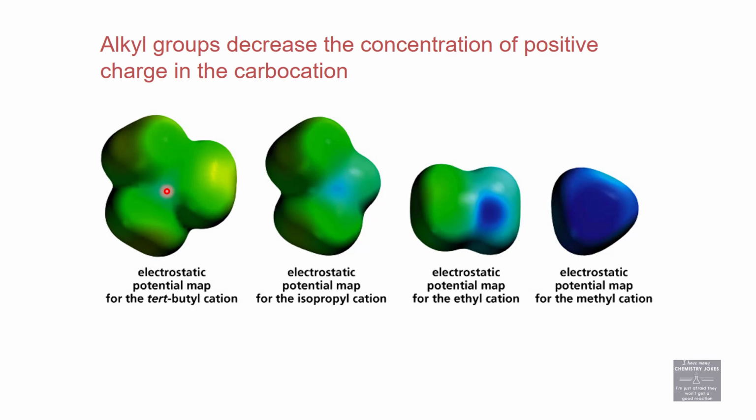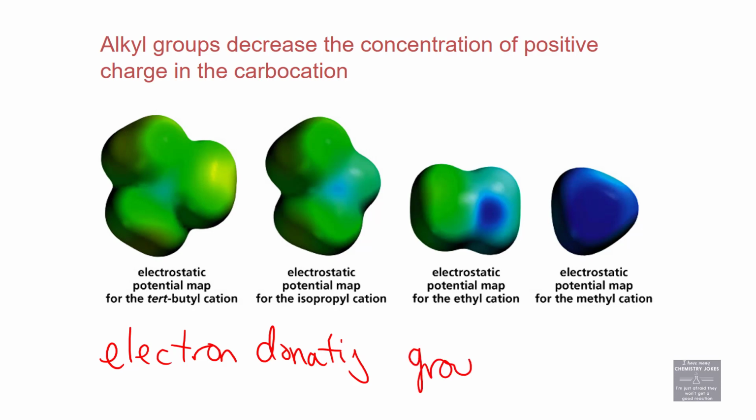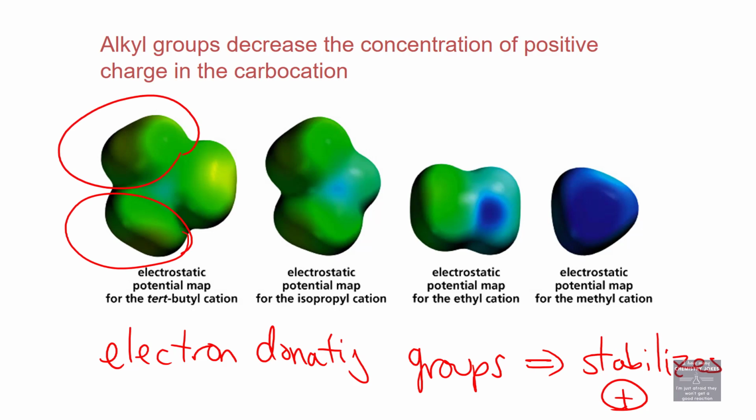So for things that are positively charged, if you can have electron donating groups around something that's positively charged, it helps to stabilize your positive charge. So, apparently, carbon groups being around a carbocation can help stabilize the positive charge.